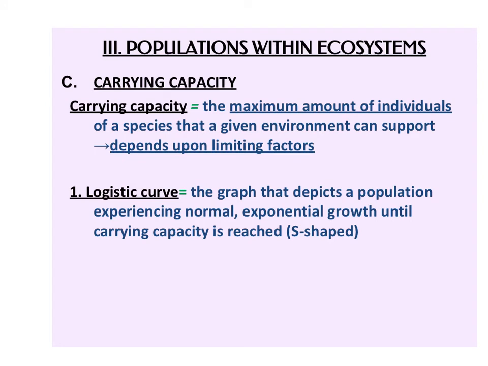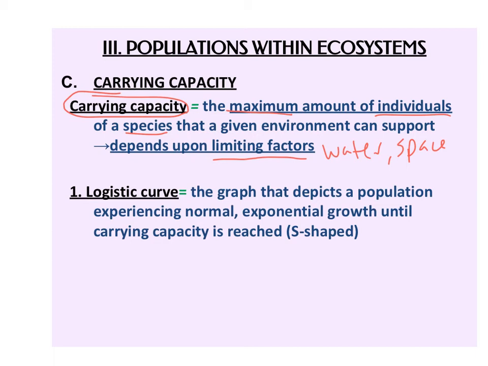All right, and just like the slide before, carrying capacity. It's the maximum amount of individuals of a species that an environment can support, and it depends on the limiting factors like water and space, nutrients, sunlight, predators. There's only so many organisms that an environment can support.